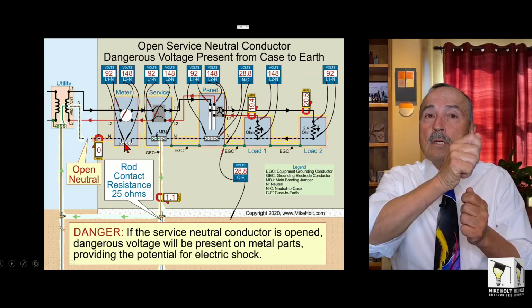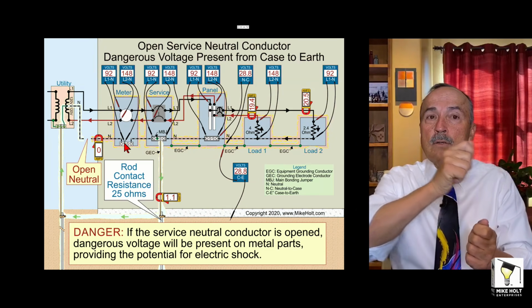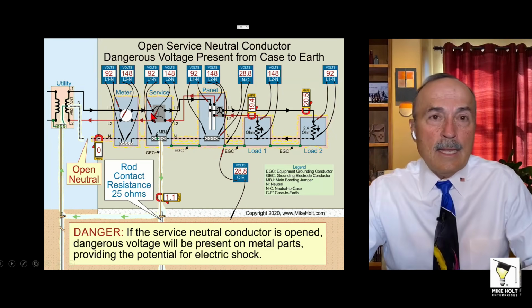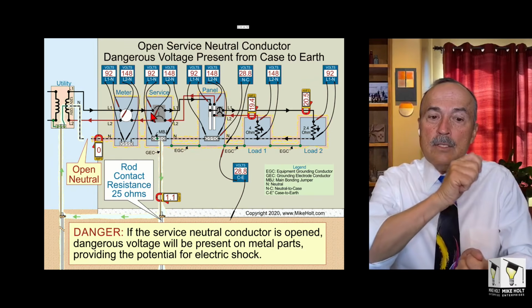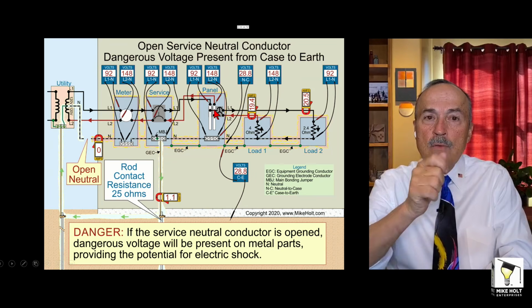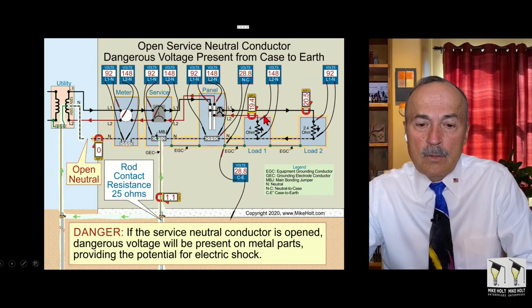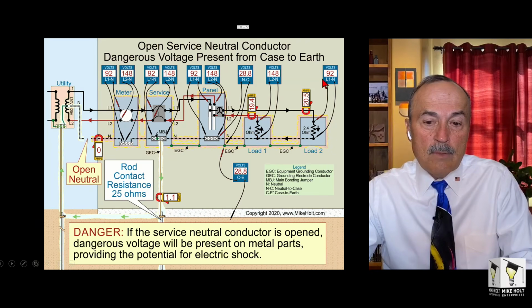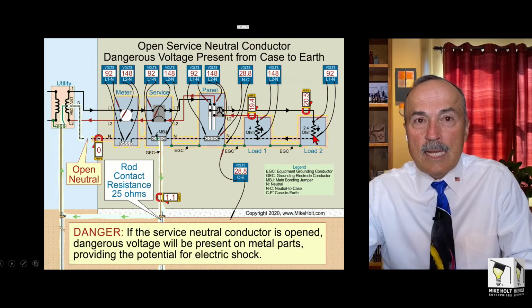At the meter, 92 and 148 to the neutral. What's it going to be at the disconnect? 92, 148. How about the panel? 92, 148. How about the loads? Well, this is going to be 148 because it has a higher amount of resistance, and this is going to be 92.